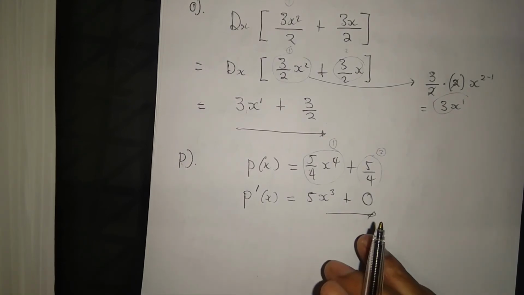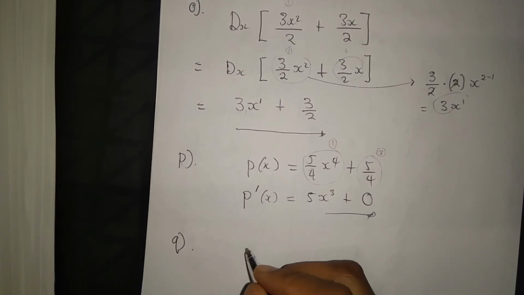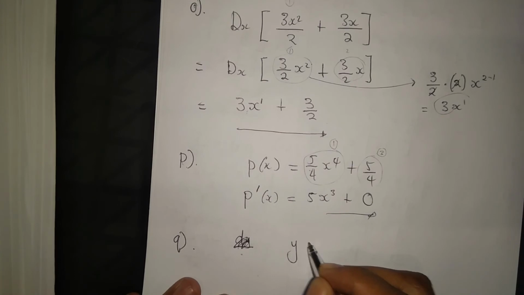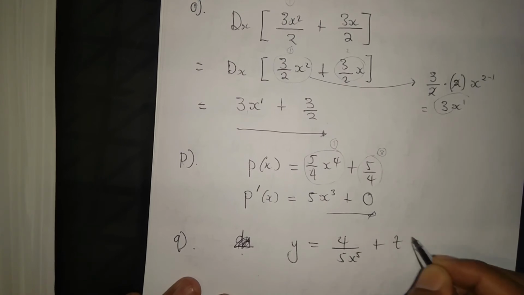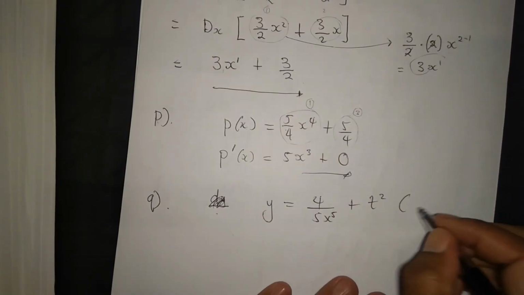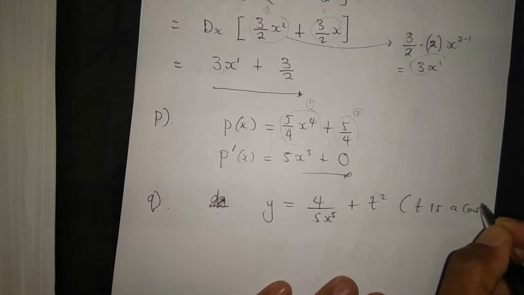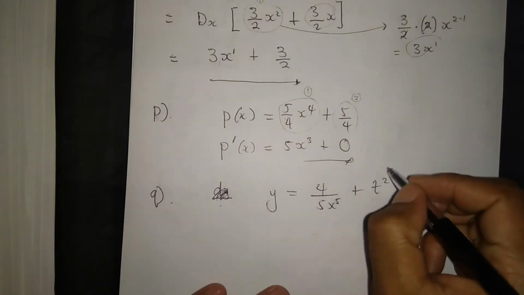Next, Q. dy over dx, y equal to 4 over 5x to the 5 plus t squared, in brackets, but t is a constant. t is a constant, so this is a constant.